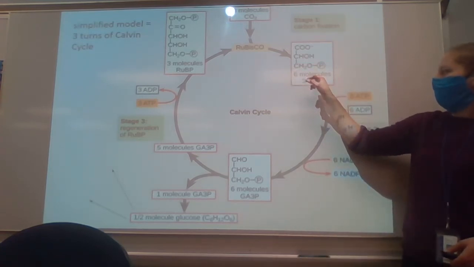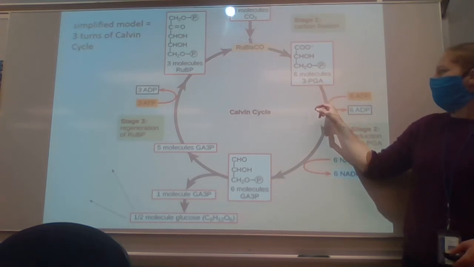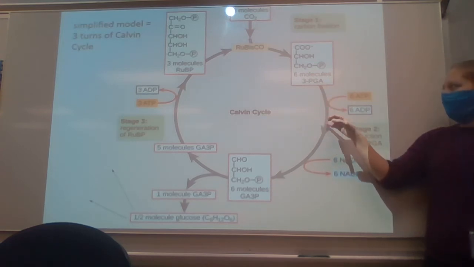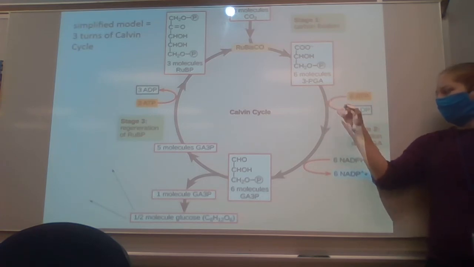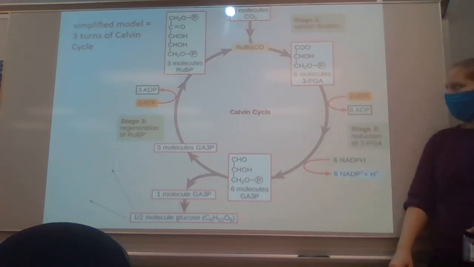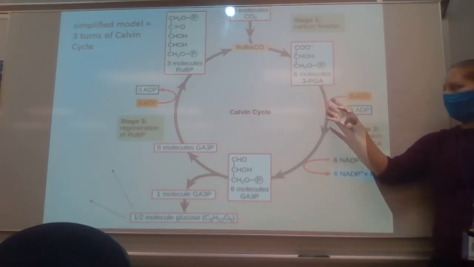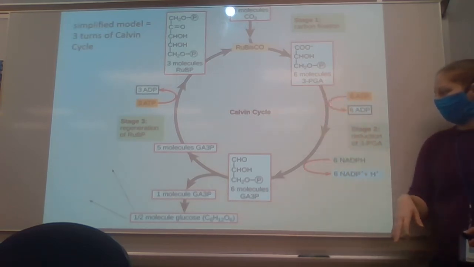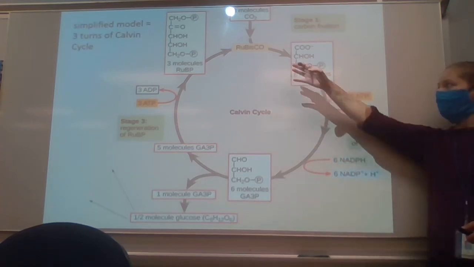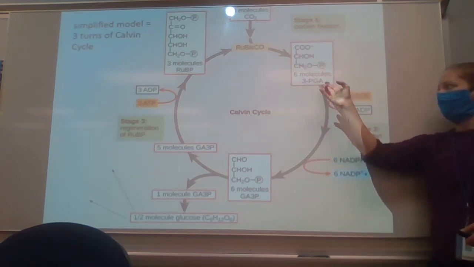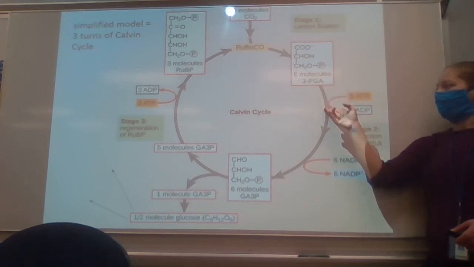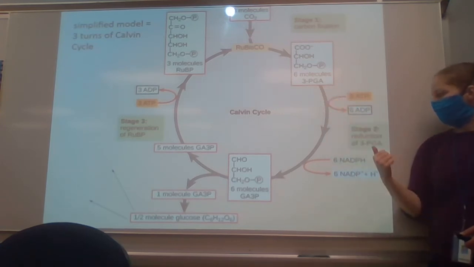That molecule is going to go through some changes that require energy. So you can see at this point, here's some ATP entering the cycle, and that's just going to prepare this molecule for further reactions. So stage 1, we're fixing the carbon dioxide, and those processes require some ATP.